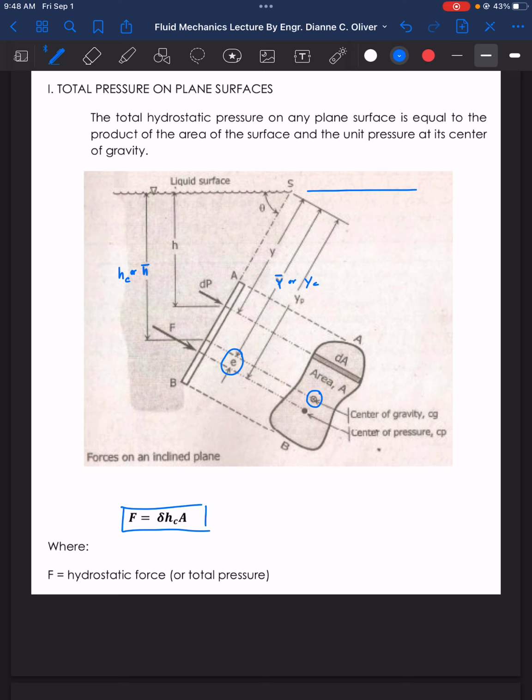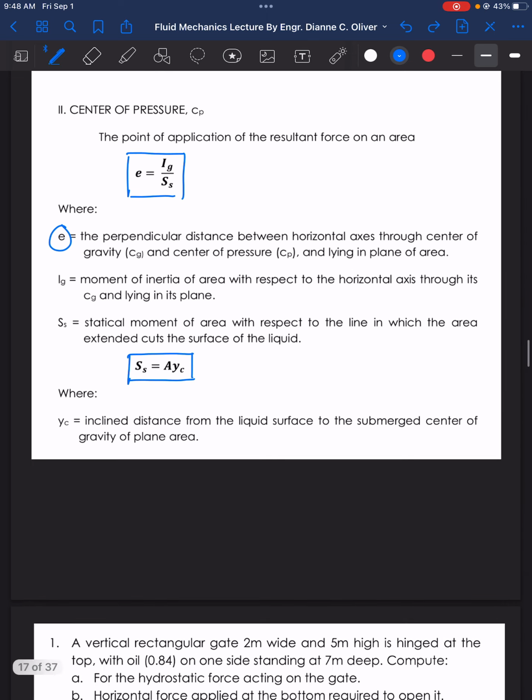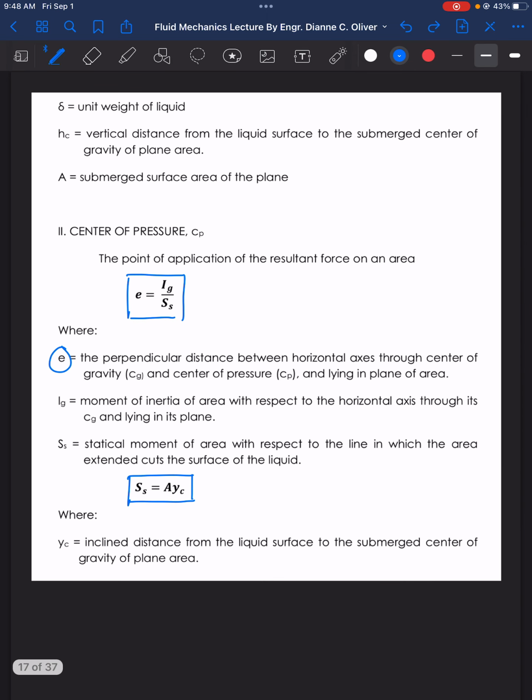But if the submerged body is positioned vertically, then there's no need to solve for YC. Rather, we will just stick with the HC. So that's the difference. You can get two different values for eccentricity E depending on the position of the submerged body. Again, it depends on the Ss.